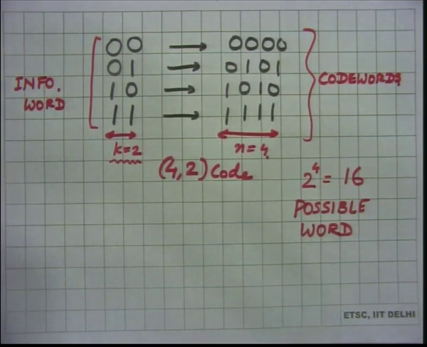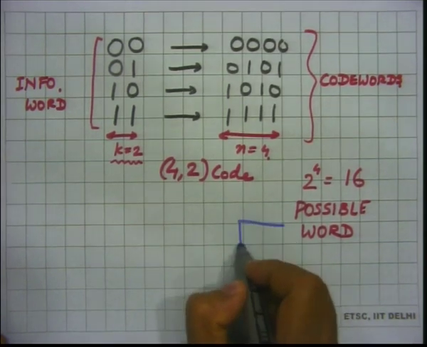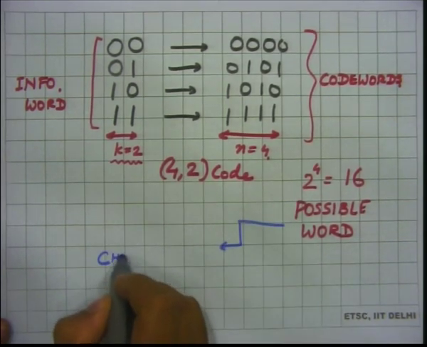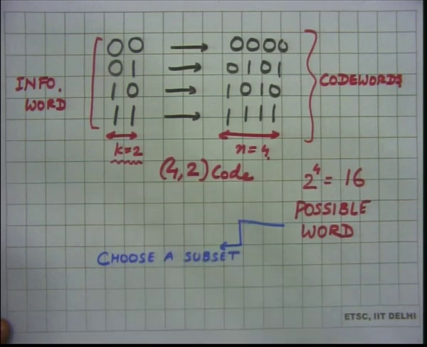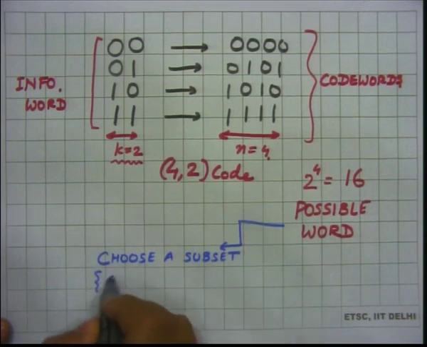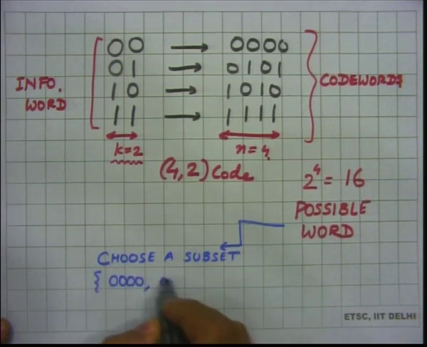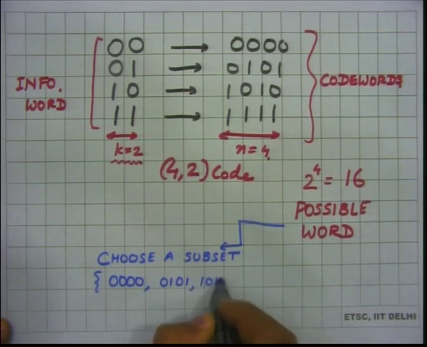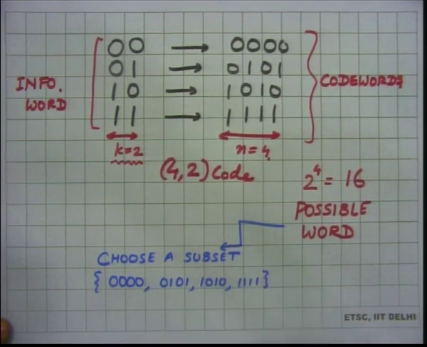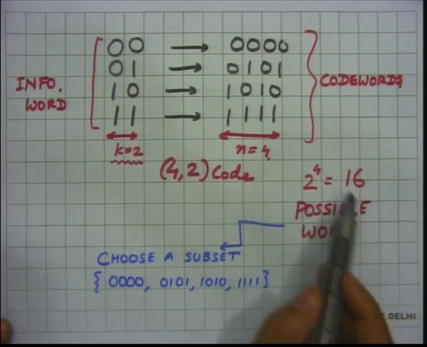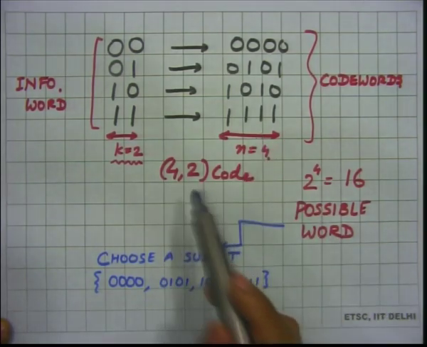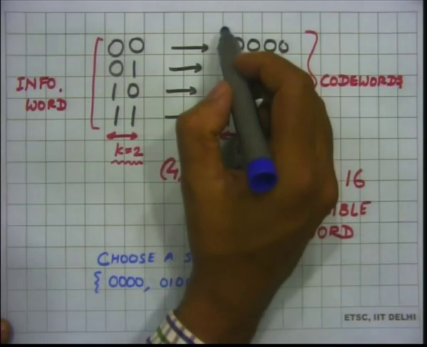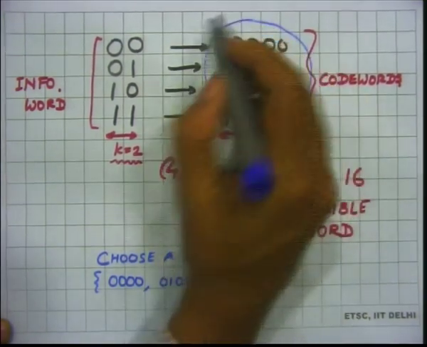But what we have done is we have only chosen a subset, which is 0 0 0 0, 0 1 0 1, 1 0 1 0 and 1 1 1 1. Now clearly I could have picked up any other 4 words and put it in the table, and that would be yet another code. Right. A code is a set of code words. So this is my code.